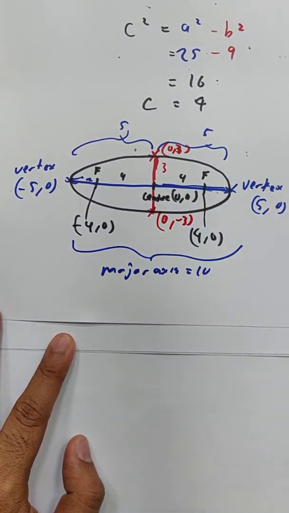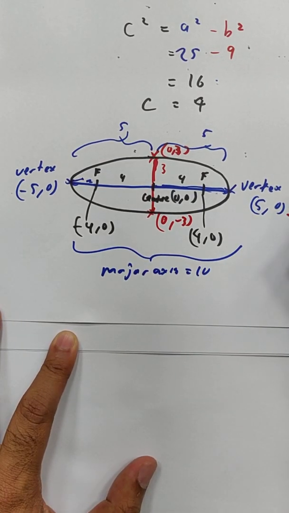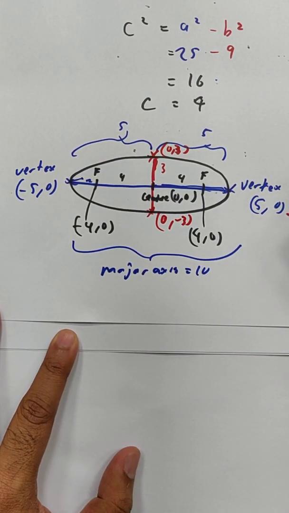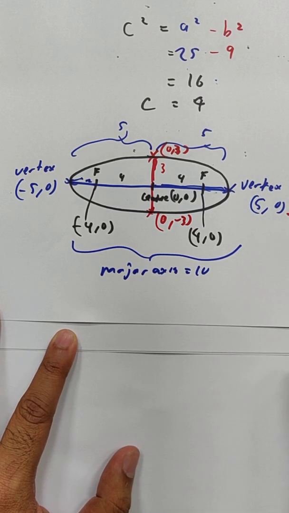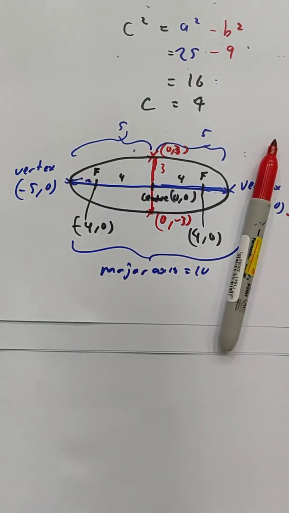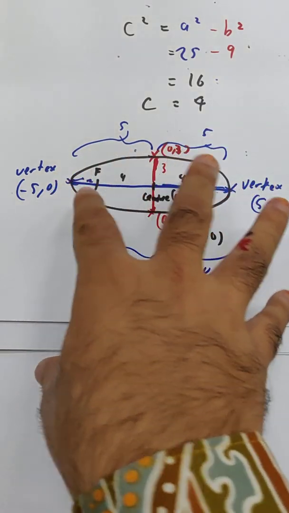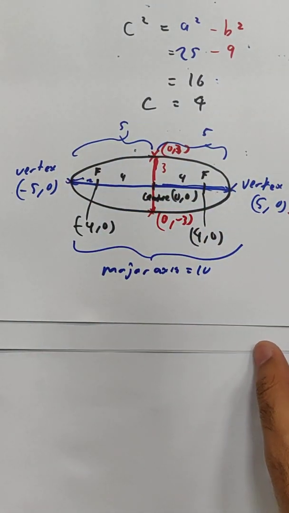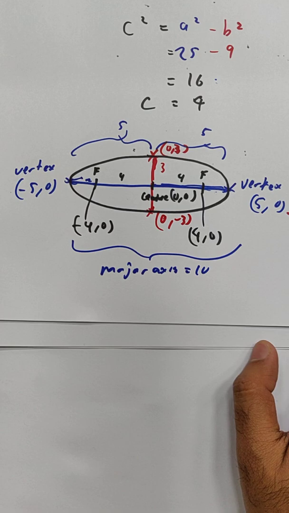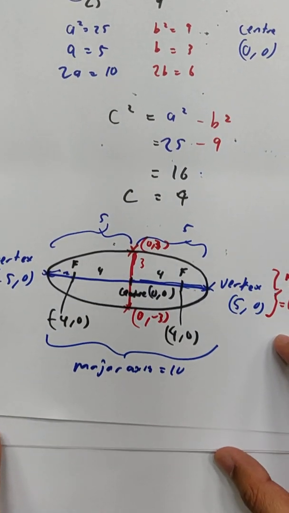It's not that difficult. Just be careful. Now, what about this length? Minor axis 6. Very good. And we are done. If you can draw all of this, you'll be quite fine for this topic. Is it that difficult? No, it's not difficult. You just need to memorize all of these things. Inshallah, you'll be quite fine.